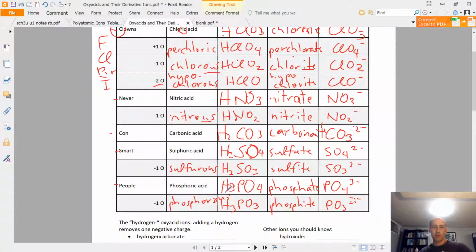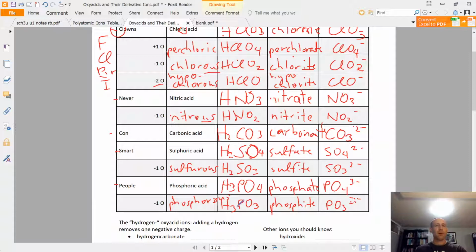Okay, so this table is full. If you count up all the ions you've learned, it's quite a lot. But it's not all. We can go further with this system. Unfortunately, I'm not able to expand the table to pull in the variations on hydrogens. I just have to do them below the table. But if you look at carbonic, sulfuric, and phosphoric acids, you'll see that they have 2 or even 3 hydrogens there.